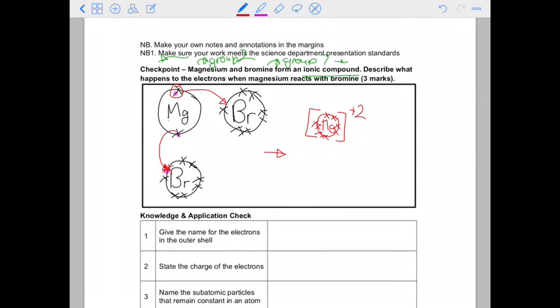And we'll have 2 bromine ions with a -1 charge because each has gained 1 electron. Actually, I'll draw it like this. I'll draw out the second one just so it's easy to see.